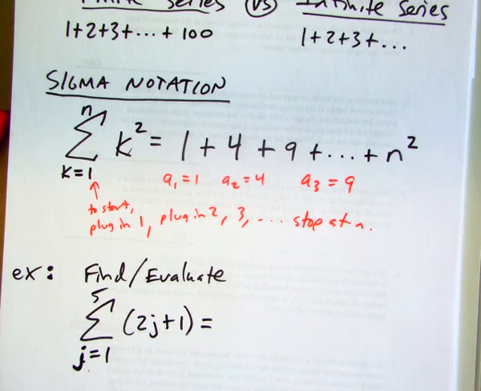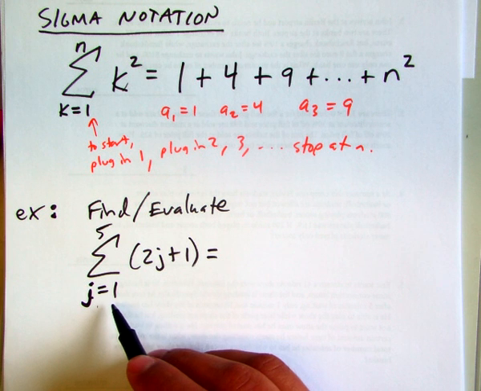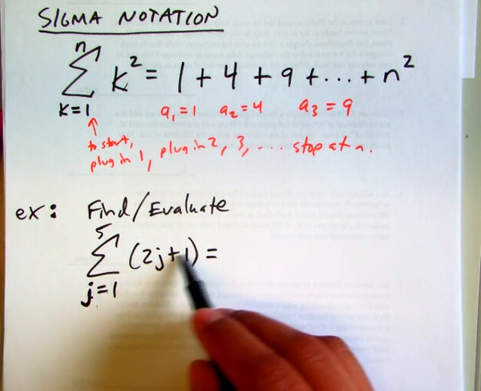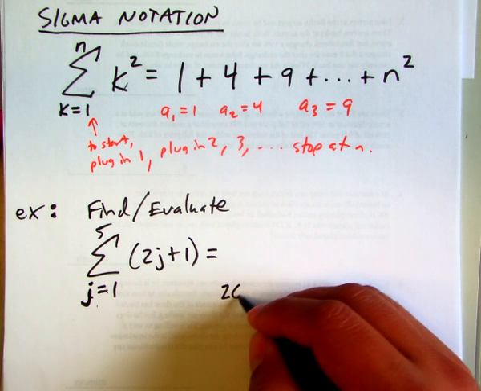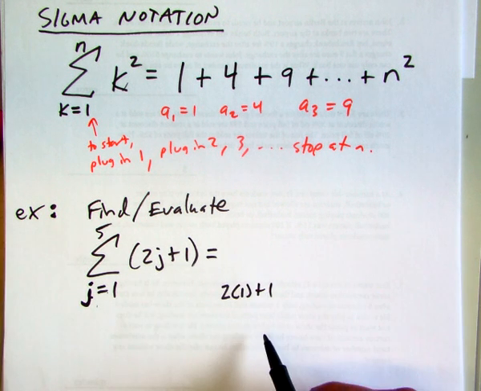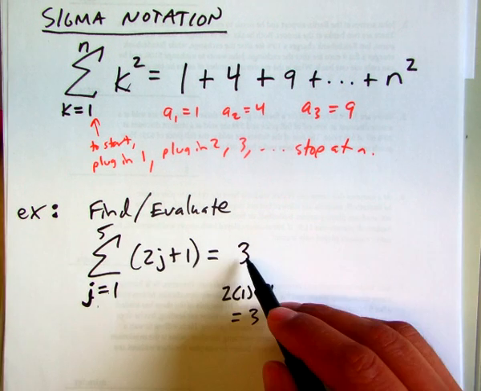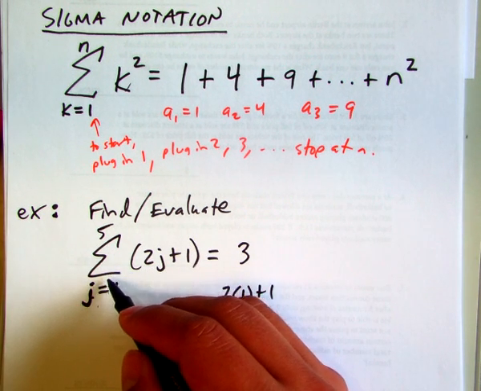Okay, so following the same pattern, to find the first number, you just plug in 1 into the formula. So I'll do that kind of right here. 2 times 1 plus 1. That's going to give me 3. So that's the first number. Since this is a sum, we're doing the summation of all these.